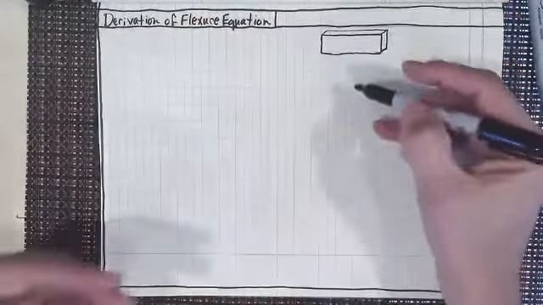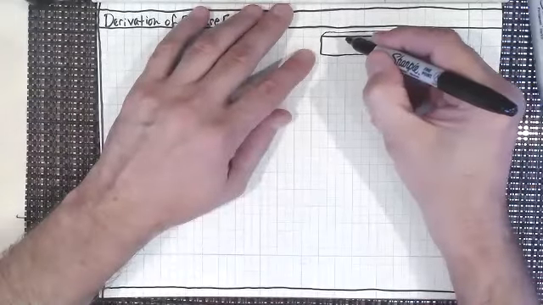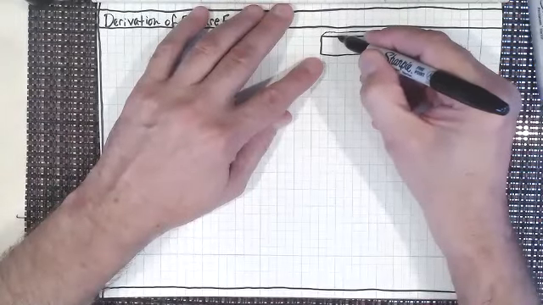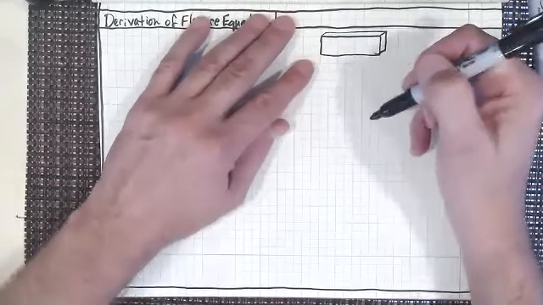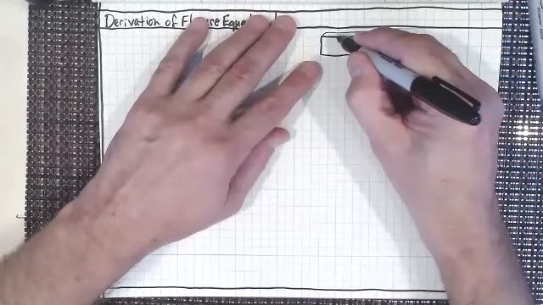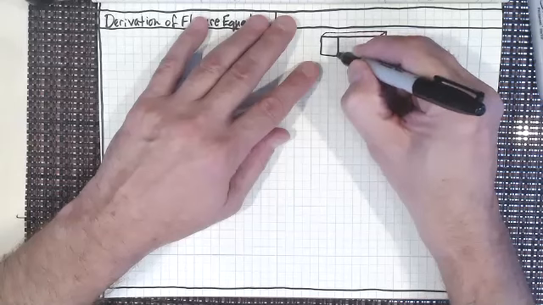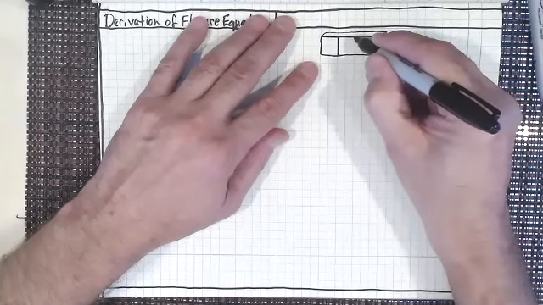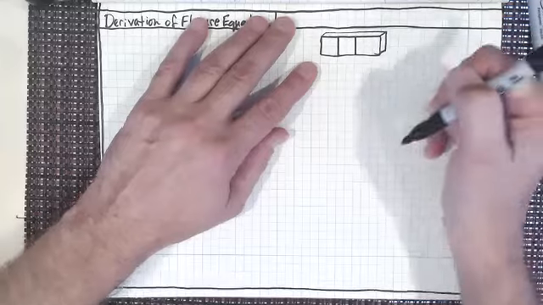However, what I'm going to do now is put just a square on the side of this, and I'm going to label that square. Let's say the square is right here.